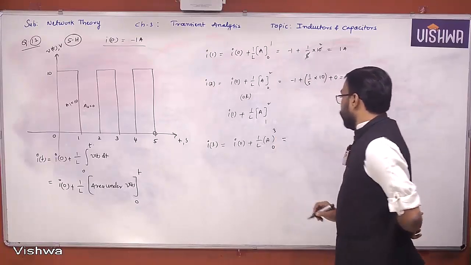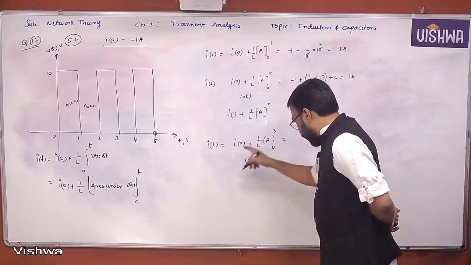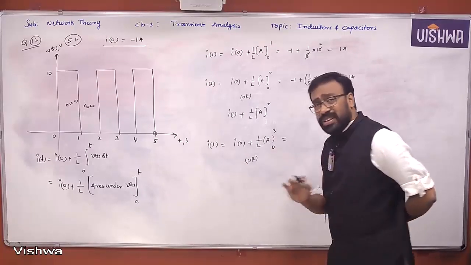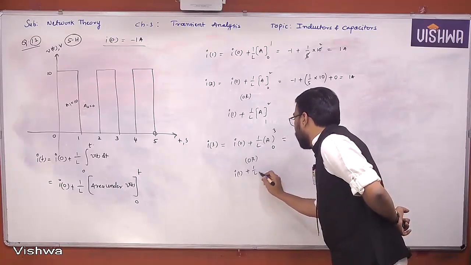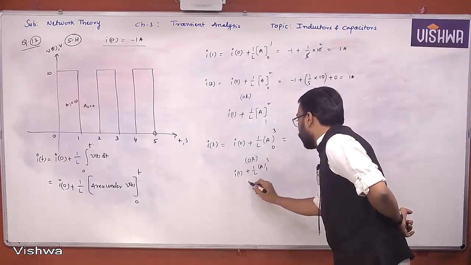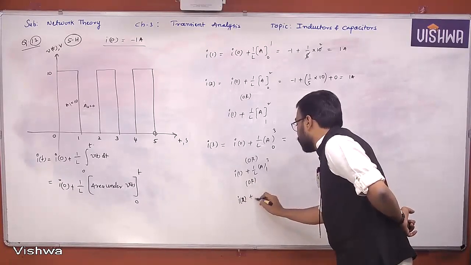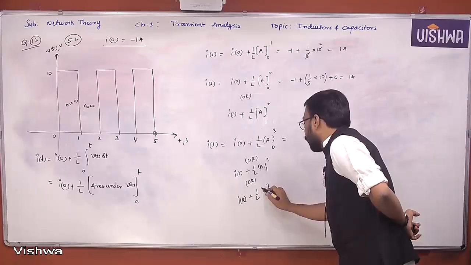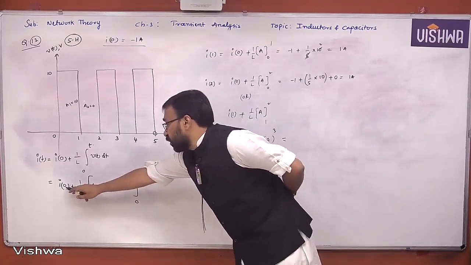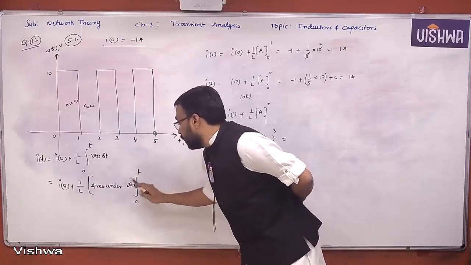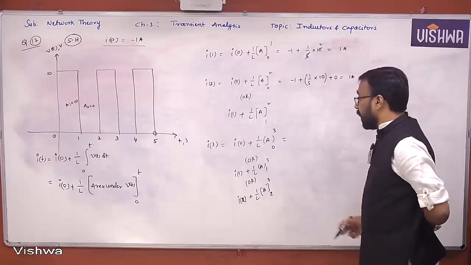Or else I can write I of 1, 1 to 3, or I of 2, 2 to 3. Anything is okay. Understand? I of 1 plus 1 by L, area from 1 to 3, or else I of 2 plus 1 by L, area from 2 to 3. Anything is okay, because this is the general formula you have. If you substitute t naught here, then t naught to t. T naught 0, then 0 to t. T naught 1, then 1 to t. Like that you have. Same thing I'm writing.